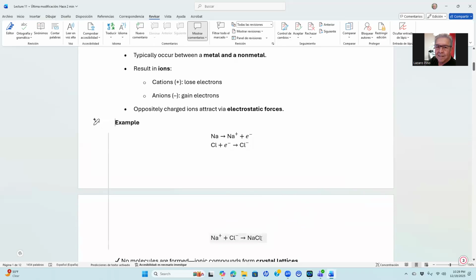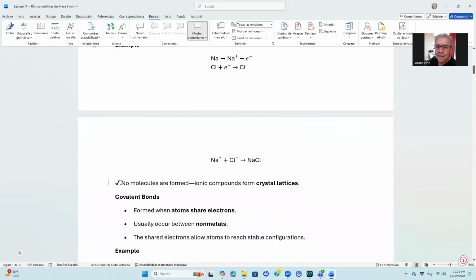Ionic compounds are generally solids that do not conduct electricity as solids, but conduct electricity in solution and when the solid is melted. No molecules are formed; ionic compounds form crystal lattices.